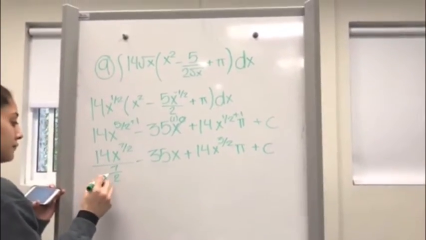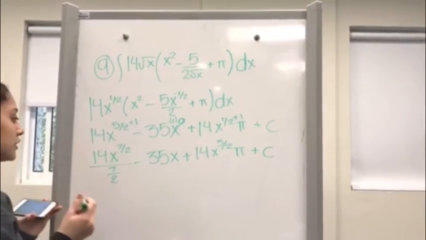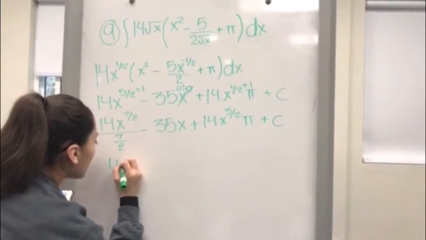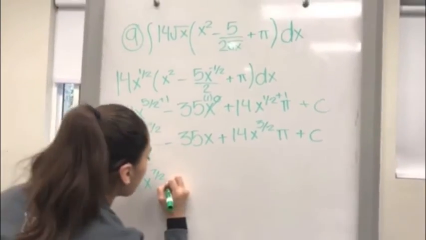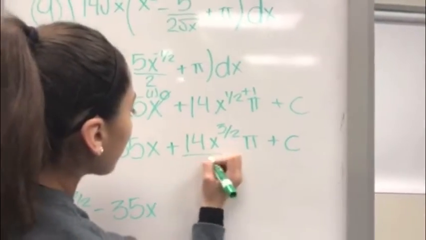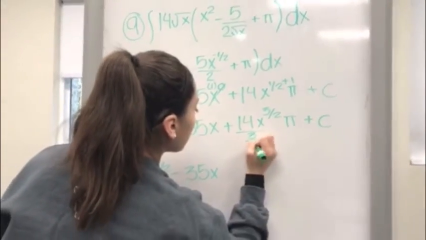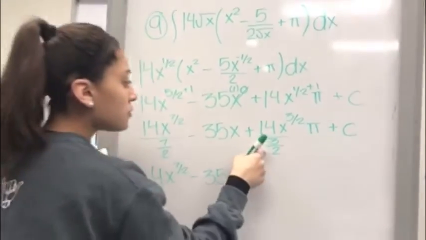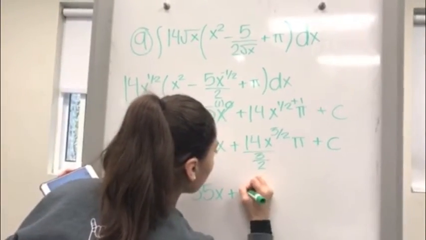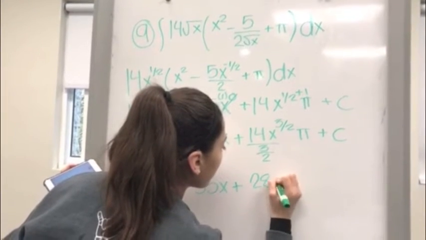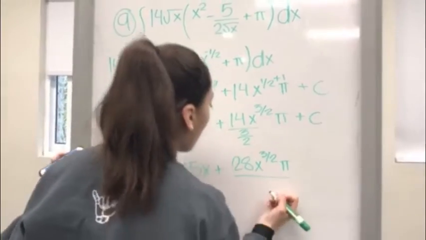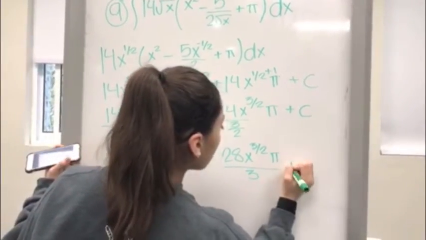Now it's going to be 2 times 14, 28 over 7, 4x to the 7/2 minus 35x, here 3/2, so it's going to be 2 times 14, 28 over 3, you can't simplify it, plus 28x to the 3/2 pi over 3 plus c.